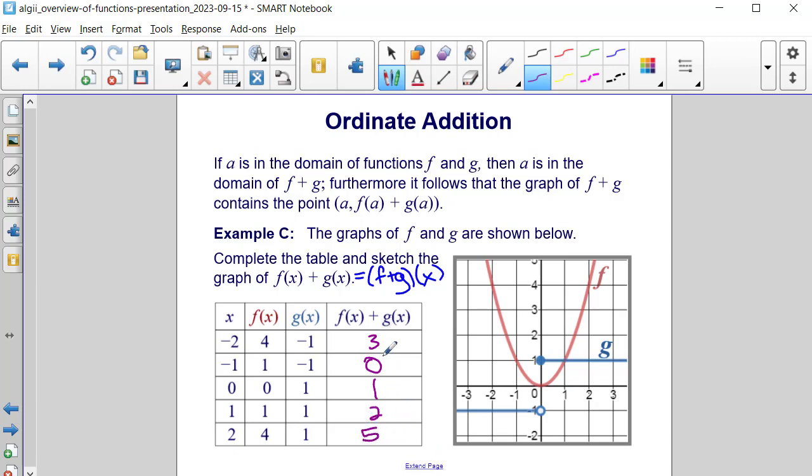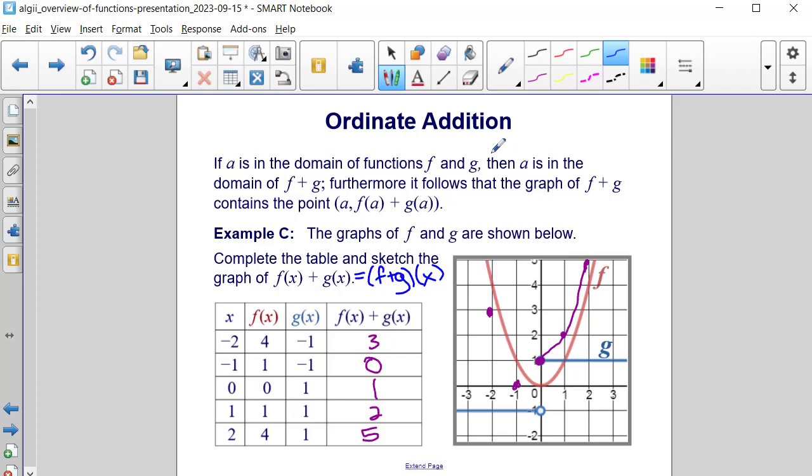So now let's actually graph these points. So we have -2, 3. Then we have -1, 0. A 0 value at 1. A 1 value at 2. And 2 is at 5, which is up here. Okay, so this side, we definitely have something that looks similar to the parabola.